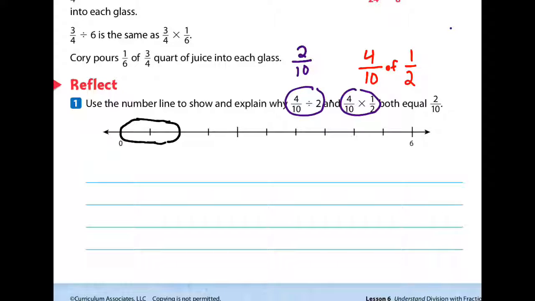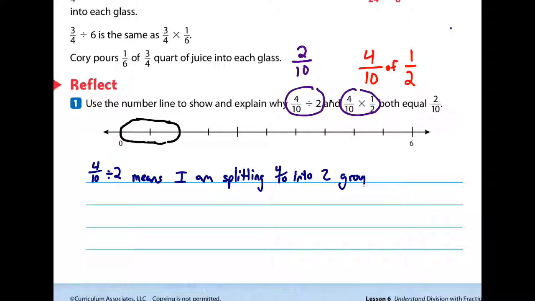All right, so first off, 4/10 divided by 2 means I am splitting 4/10 into 2 groups, which is 2/10.